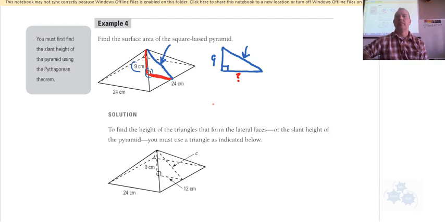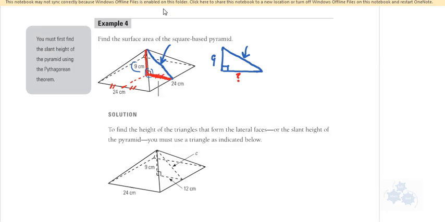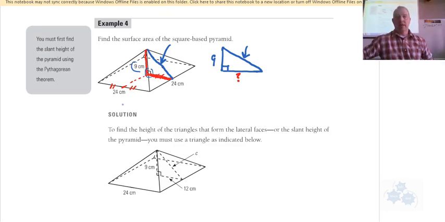You can do 24 divided by 2 because we're finding that's a right angle, so it means it's... Okay, very good. You can do 24 divided by 2 because this comes down right to the middle of the pyramid, which cuts this right in half. So this is actually 24 divided by 2, which is 12.